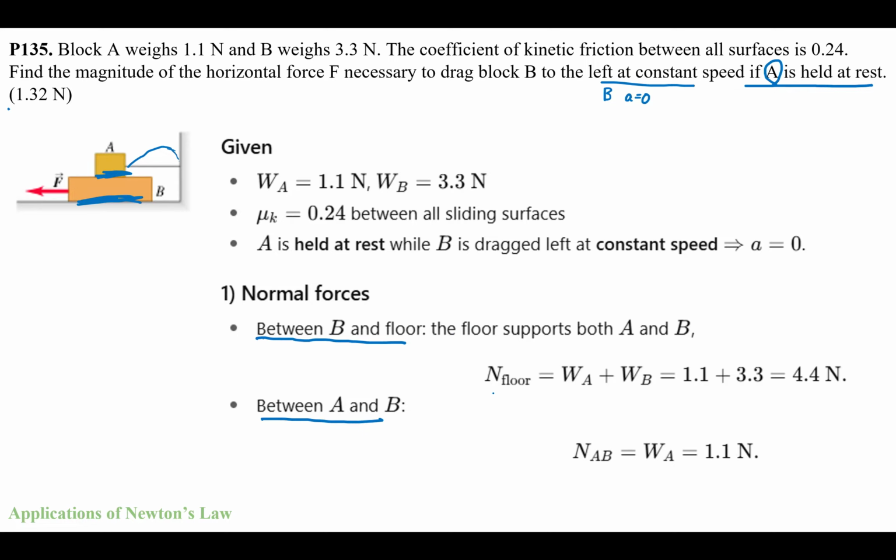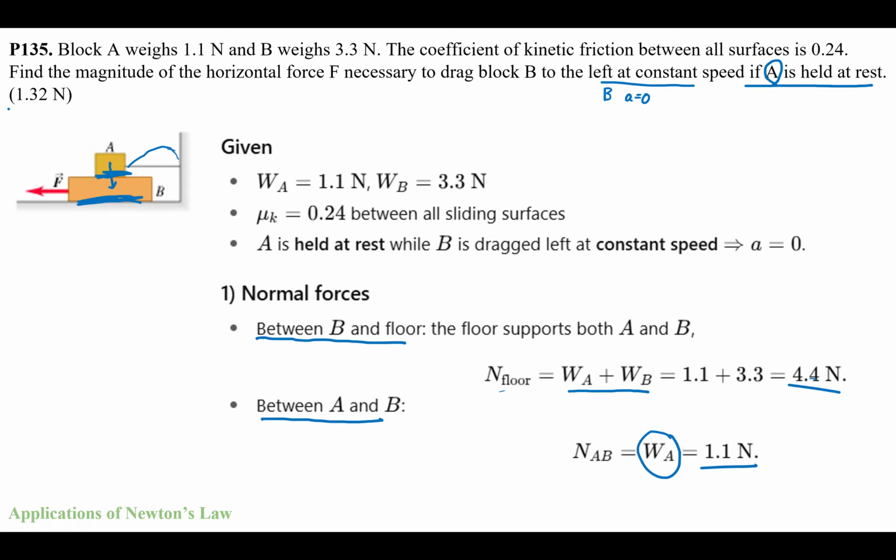The normal force on the floor is given by 2 weight, and that is given by this one. Between A and B, A is resting on B, so only W_A is the normal force for A and B.